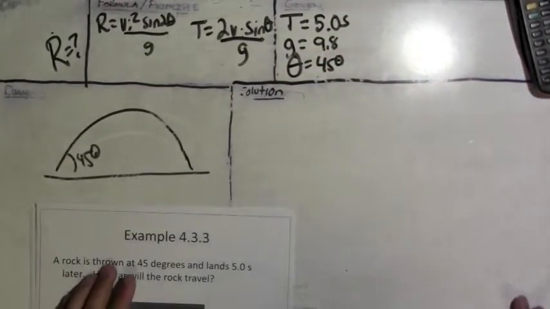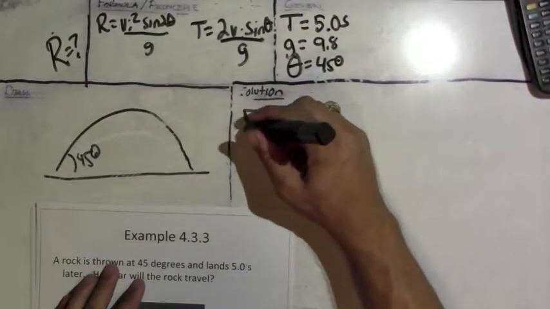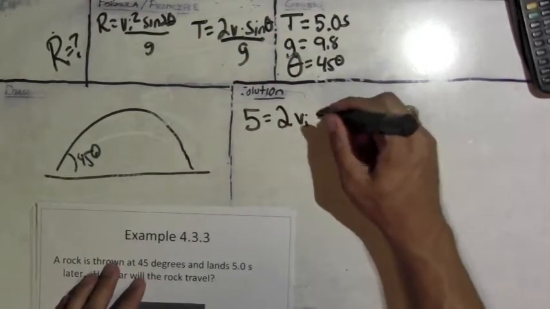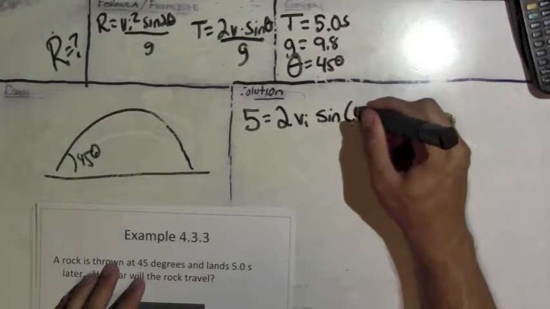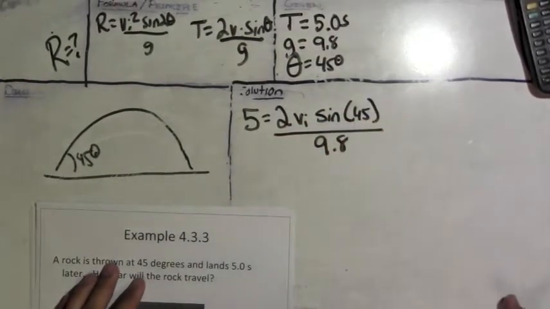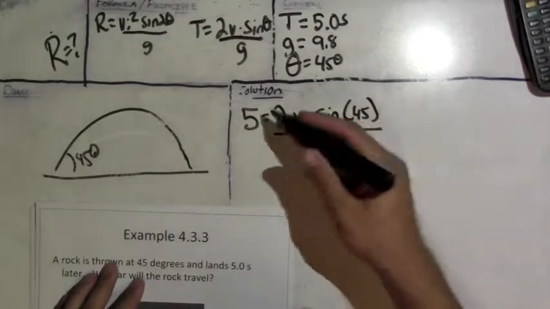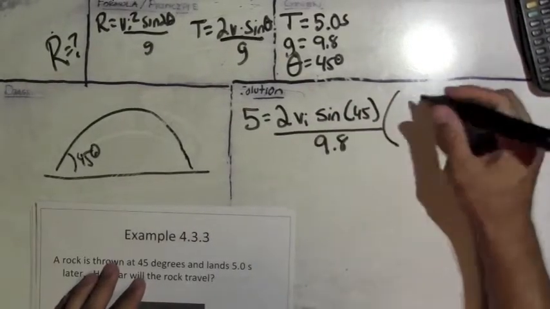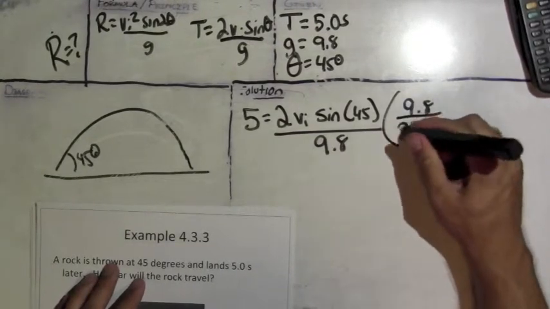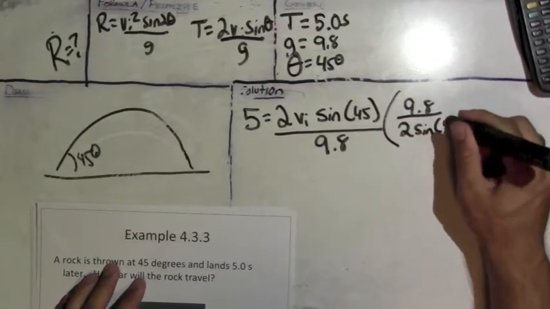So we plug our numbers in and say 5 equals 2 Vi sine of 45 divided by g. What we're going to do is isolate Vi, and we'll do that by multiplying both sides by 9.8 over 2 sine 45.